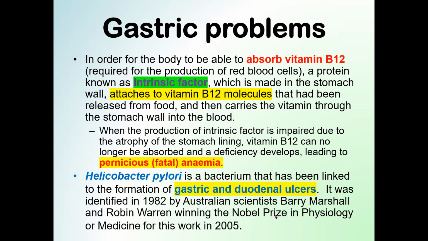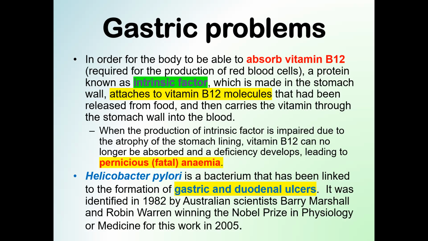Also, I'm sure you've heard of gastric ulcers, duodenal ulcers, and it was always thought for a long, long time that the acids and something else was eating away the mucus and then eating a hole in the stomach.